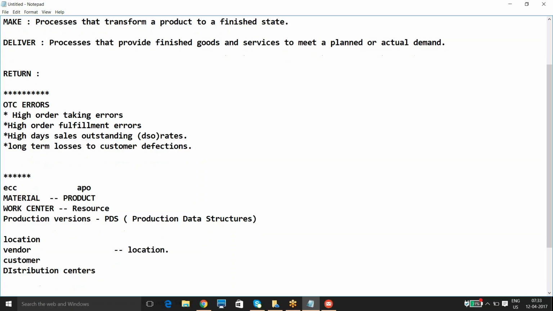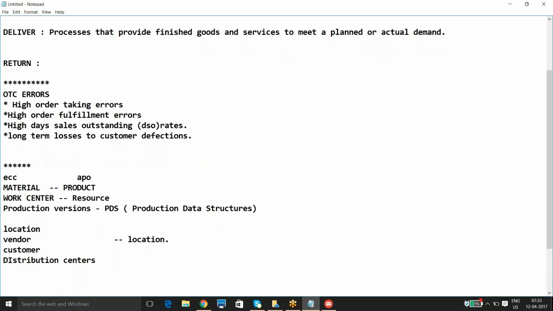Fine? So for the customer, basic details and all will still be maintained as a location, and there we have different types, like 1010 is a type for that. So it is able to distinguish. This is how the mapping is done between ECC and the APO level. However, when we discuss the masters, again we will discuss it. I just wanted to brief about them.